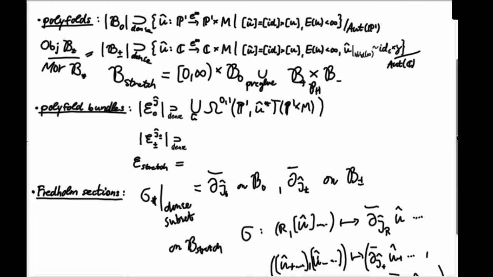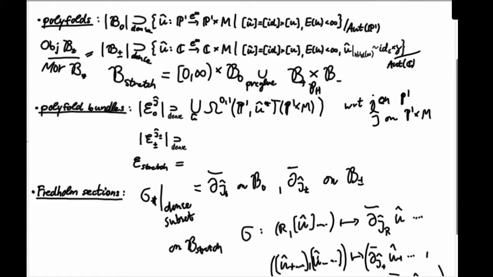But this bundle will depend on j hat because I need to say in what sense they're 0-1 forms. Right? So there's a little j on P1 and this capital J on P1 times m, and I'm asking for anti-holomorphic forms with respect to those two complex structures on those bundles.